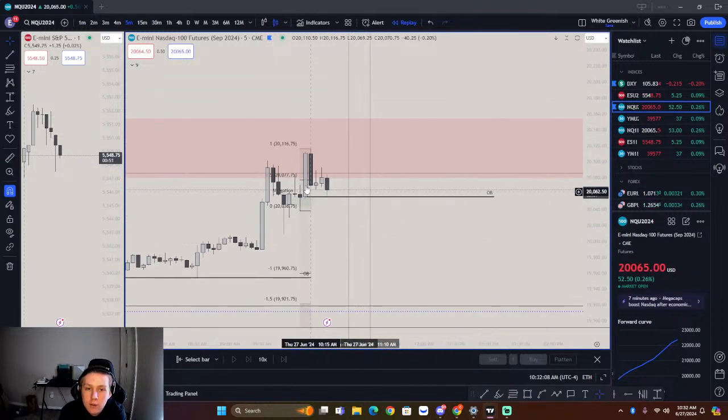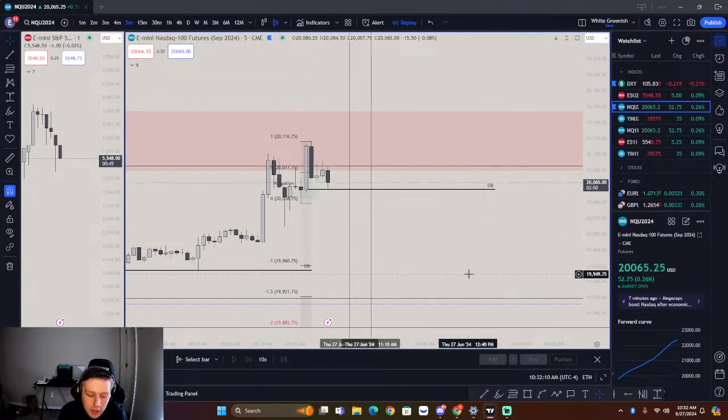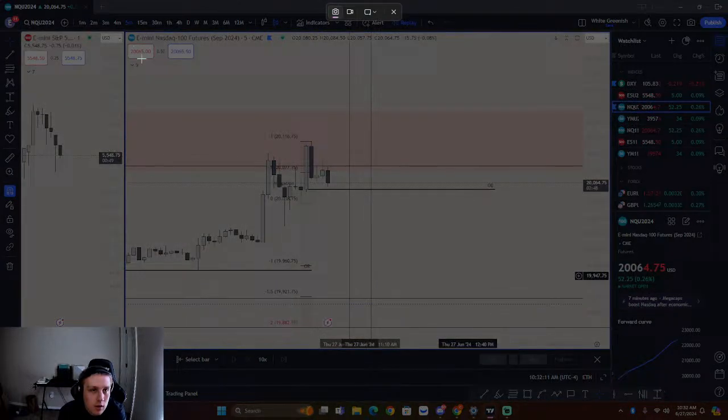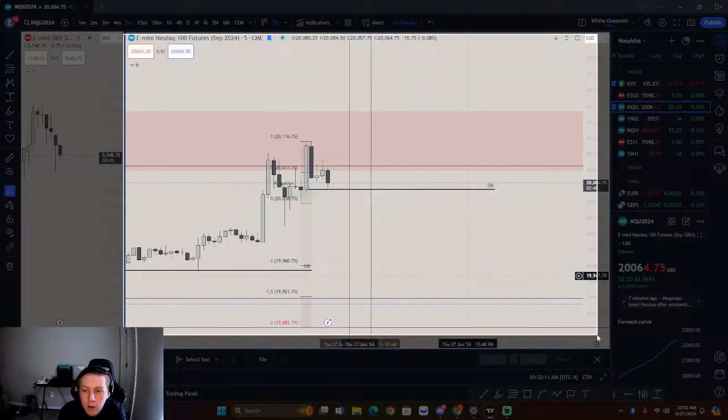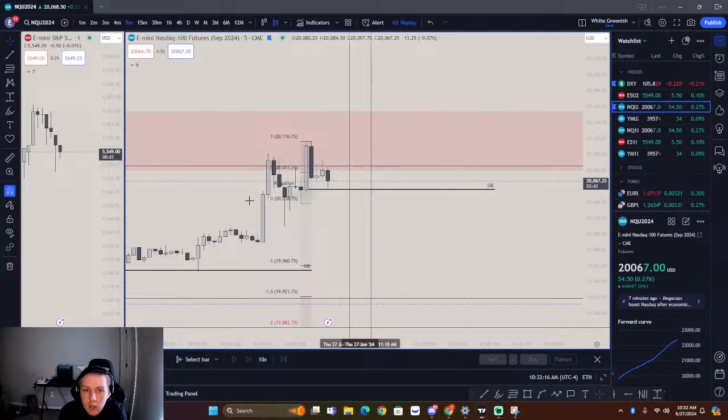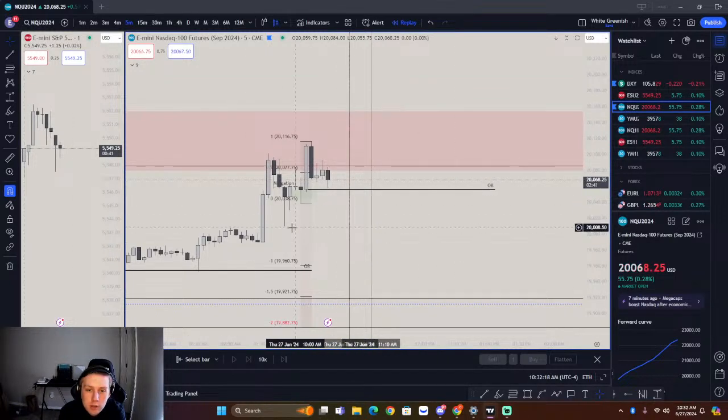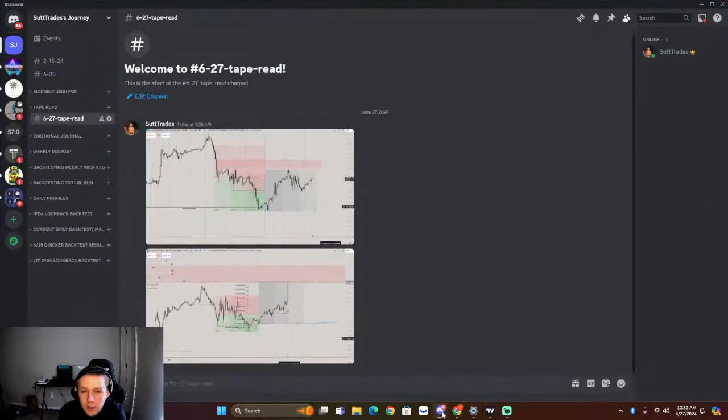That to me looks like an institutional order block. That looks like a high probability order block. It sweeps liquidity. If we cause displacement and trade back into that order block within 1050 to 11, I think that's what the algorithm might want to do.